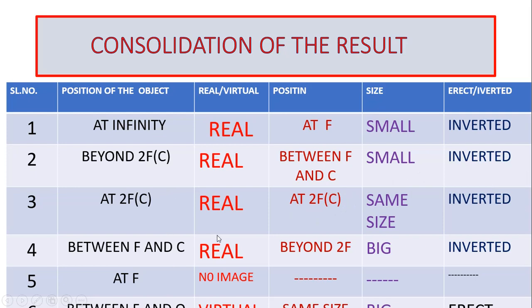Between F and C, real, big. Observe the size: very small, small, same size, big. Here all are inverted.